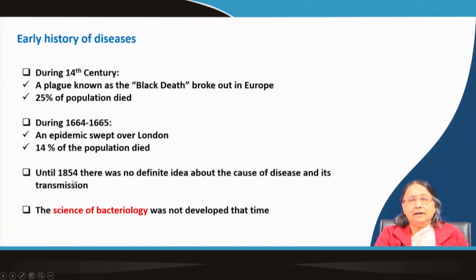I have told you only two or three, but there are many such occasions. Until 1854, there was no definite idea about the cause of disease, why this type of epidemic or plague swept over during that time.